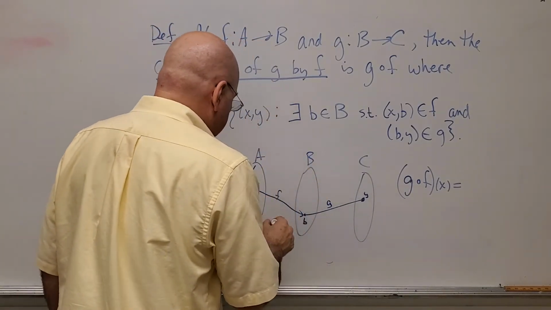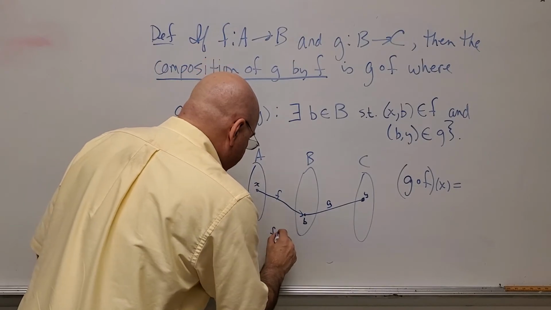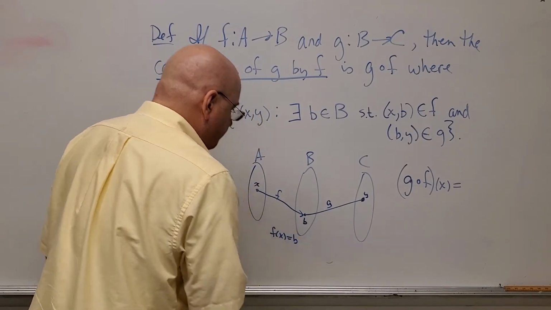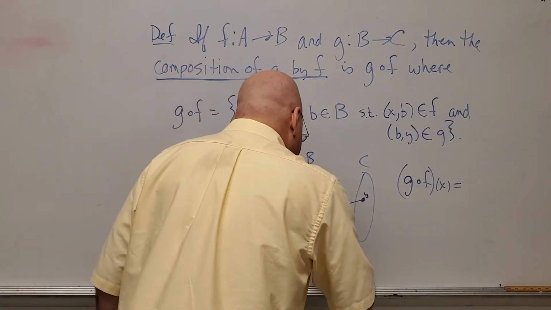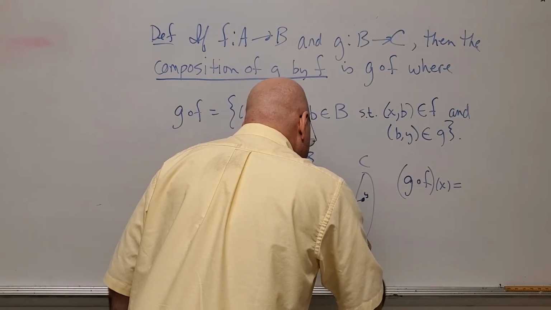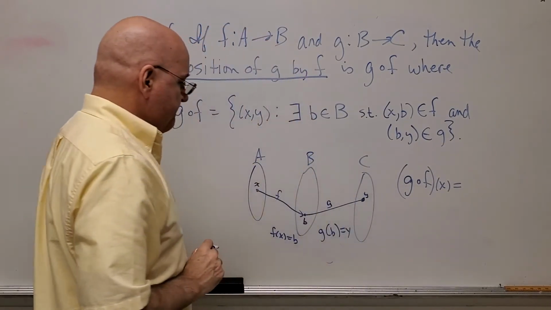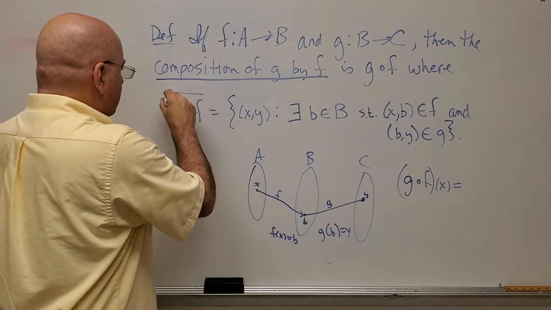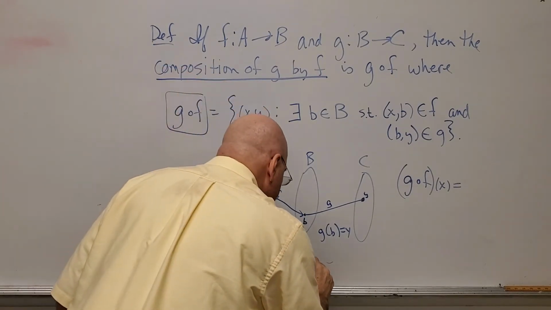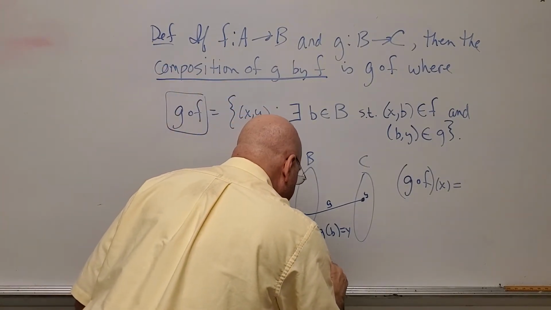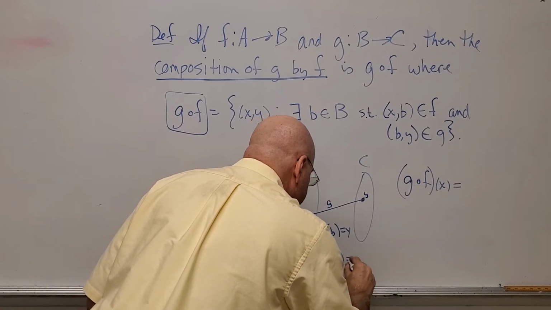So let's see, how could I write that? This means f of x equals b. And this means that g of b equals y. Well, that means that g of f of x is equal to y.